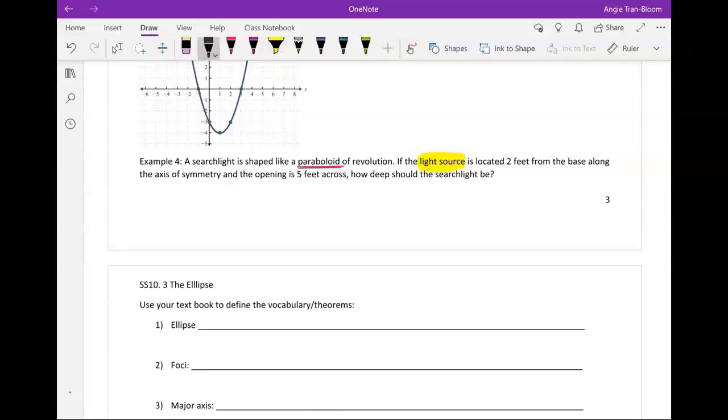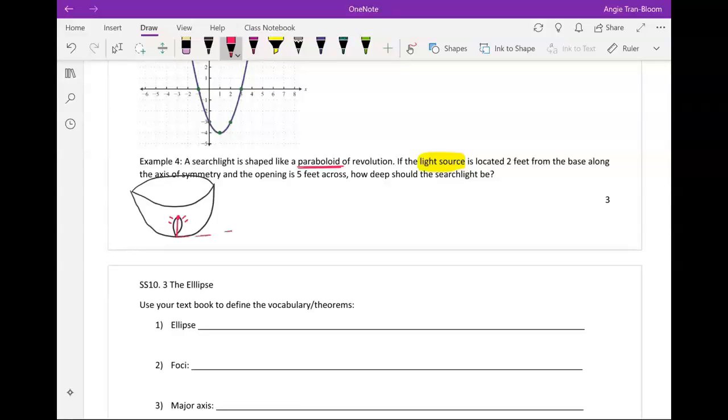So a searchlight is in essence a flashlight. And a flashlight, I'm going to try my best to draw it for you, okay? Here's sort of a flashlight, and there's a light bulb somewhere in the bottom, and we have the light source. Now the light source is the focus from the base.